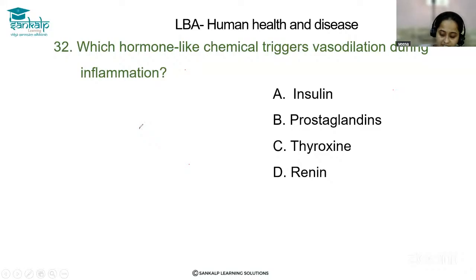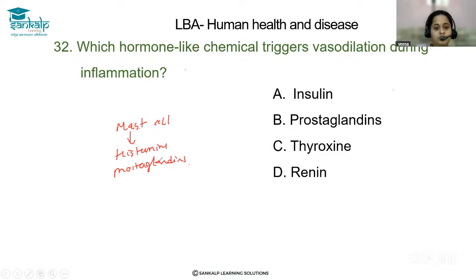During an allergic reaction, the mast cell will be secreting chemicals called histamine and then prostaglandin. Okay, so this is also a chemical secreted by the mast cell.